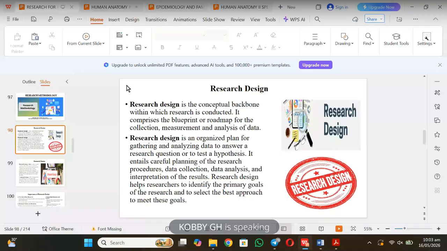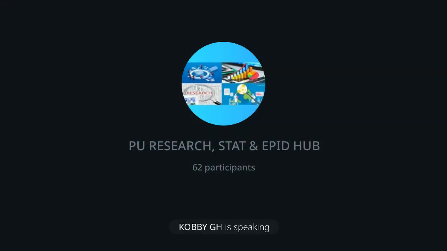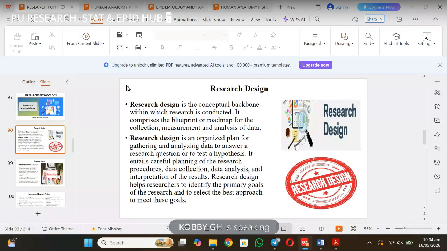So if someone is using a quantitative approach, how are you going to know? If you are using a quantitative approach, it means the data that you are collecting, you are dealing with numbers. So, for example, you are doing a study and you want to know the percentage of students who have suffered from malaria.